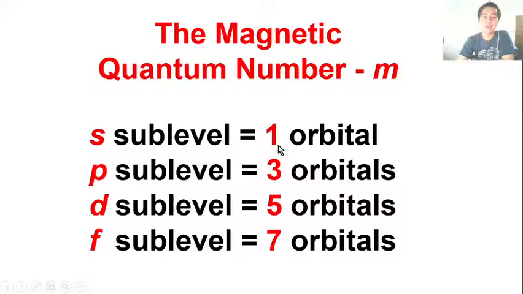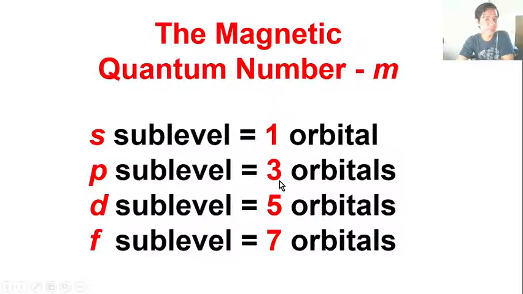And we know that each orbital can hold up to 2 electrons only. Because the s sublevel has 1 orbital only, that means how many electrons? It's 2 electrons. So for the p sublevel, how many electrons in total?